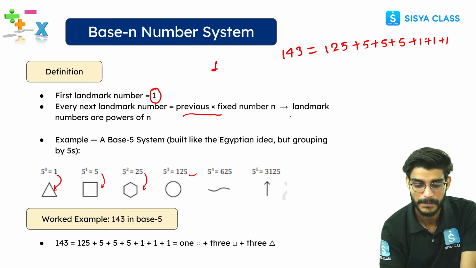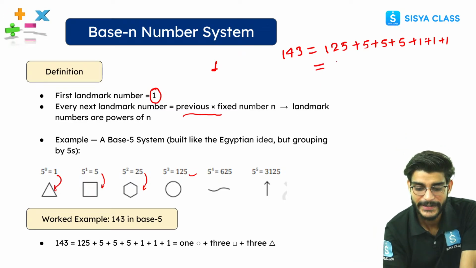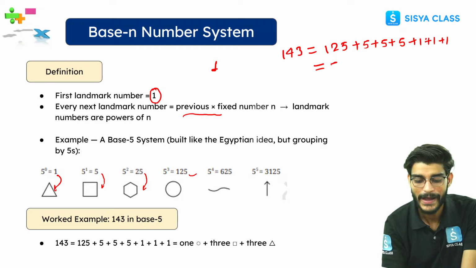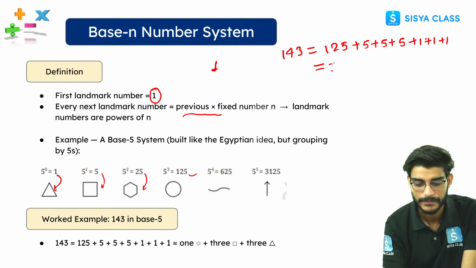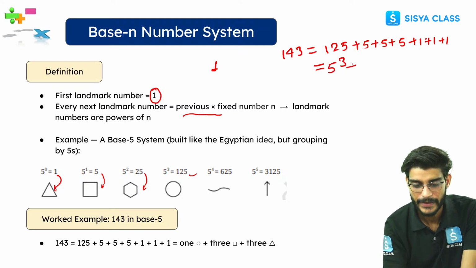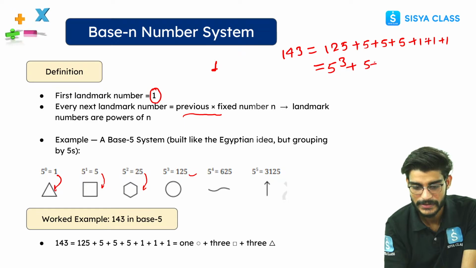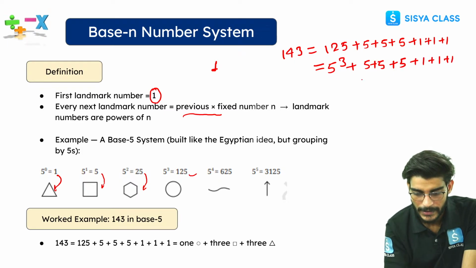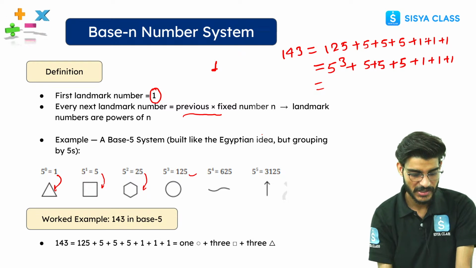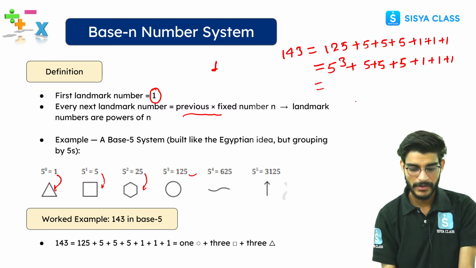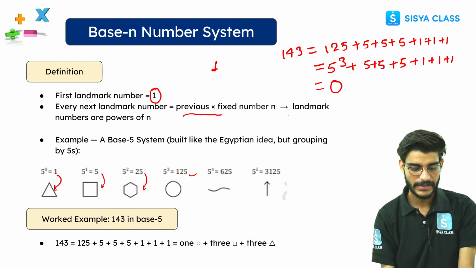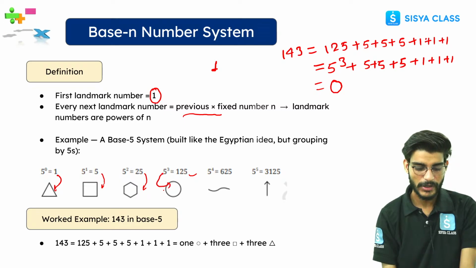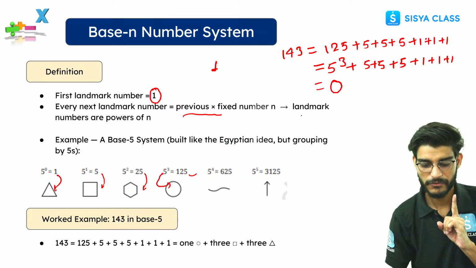Now see, the beautiful thing here is 125 can be written as 5 to the power 3. Then this is 5 plus 5 plus 5, that is fine. And this is 1 plus 1 plus 1. Now 5 power 3, is there some notation or not? Obviously we have one circle, right? 5 power 3 is 125, and for that we have the notation one circle.